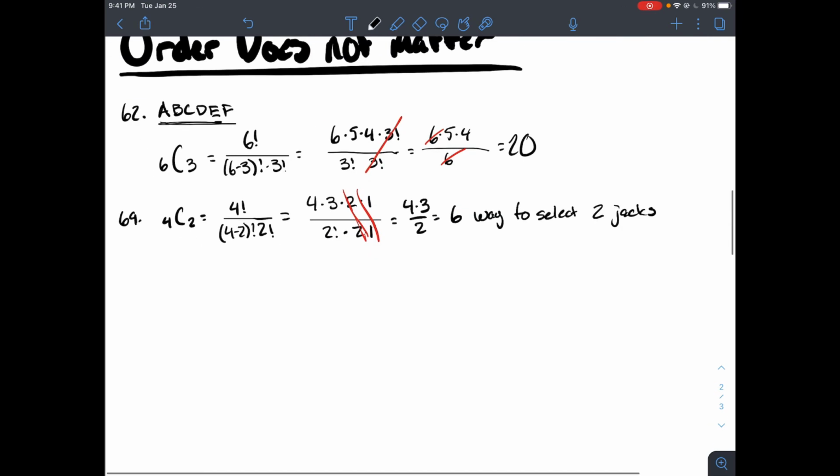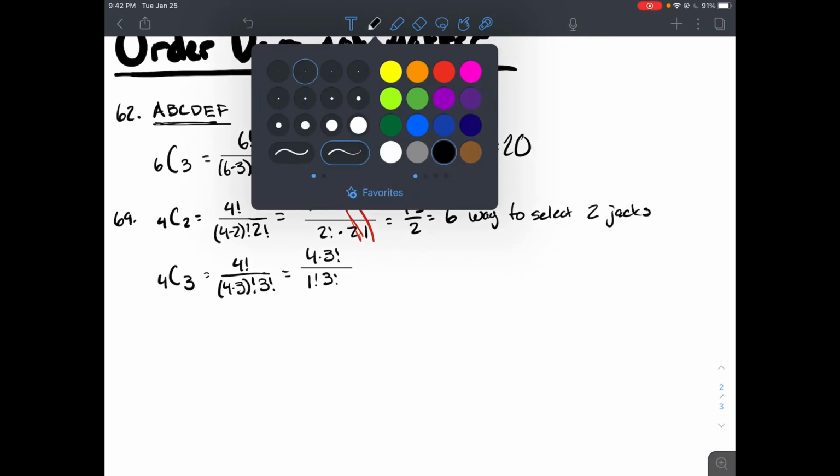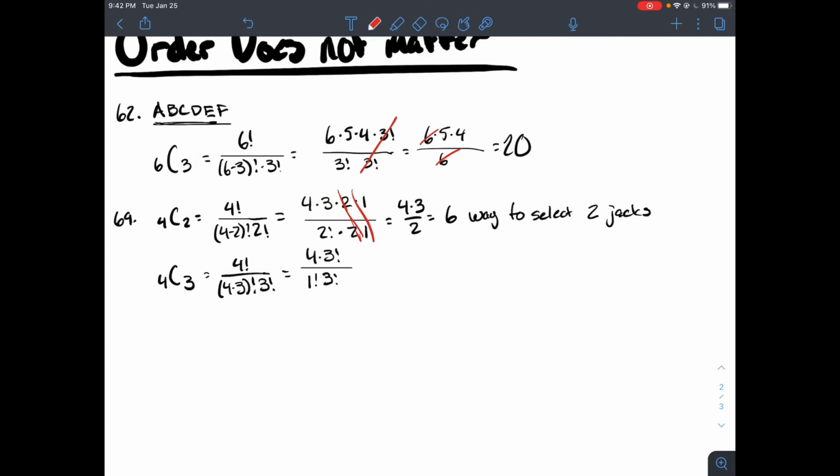And we're going to do the same thing with our 3 aces. We're going to do 4 choose 3. So we have 4 factorial over 4 minus 3 factorial and 3 factorial. If you notice, 4 minus 3 is just 1 factorial, which is 1, but I'll just write that in anyway. 4 factorial can be written as 4 times 3 factorial.